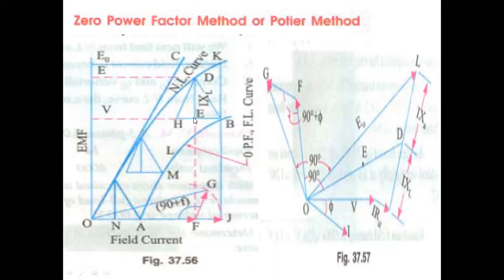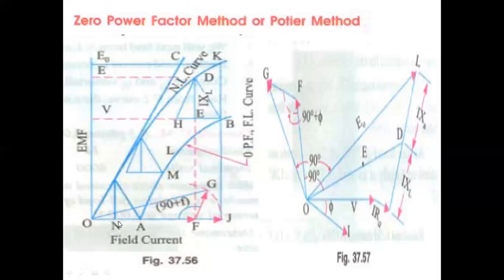So Fa is equal to BE. And if you add Fa vectorially to OF, you will get the excitation for the no load induced EMF, whose value will be E naught.